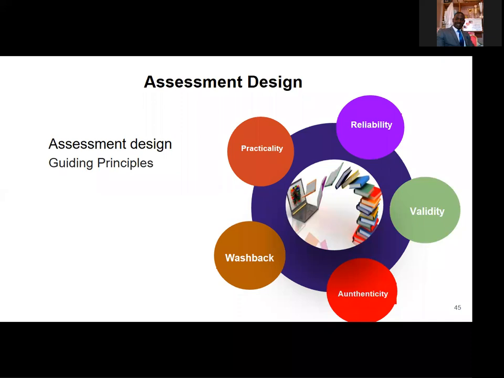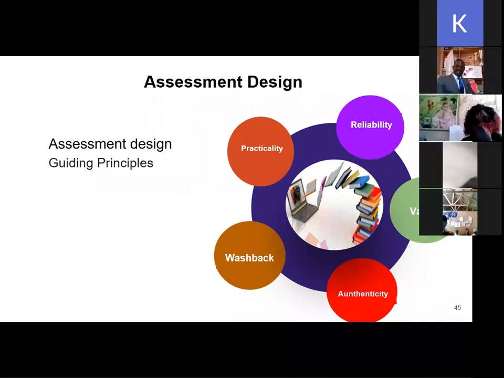So on a test with high validity, the items will be closely linked to the test's intended purpose. So validity comes in different forms. We have what we call construct validity, which basically means: does the test measure the concept that it's intended to measure? That's what we mean by construct validity of a test.